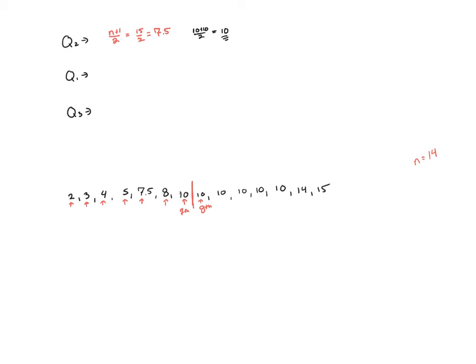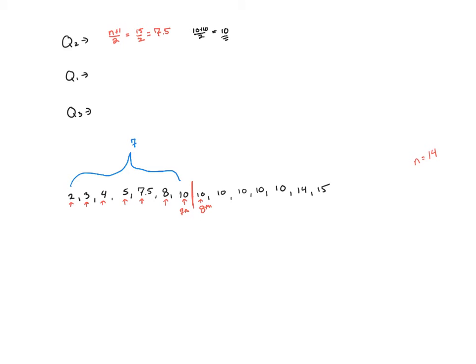This changes a little bit how I find Q1. The reason it changes is there's no number crossed off, which means my lower half is this entire set over here. That is, there are 7 numbers in here, and nothing crossed off in the center. I find this, once again, by counting them, or I can just take n, 14, divided by 2, which gives me 7. So 7 numbers in the bottom half.